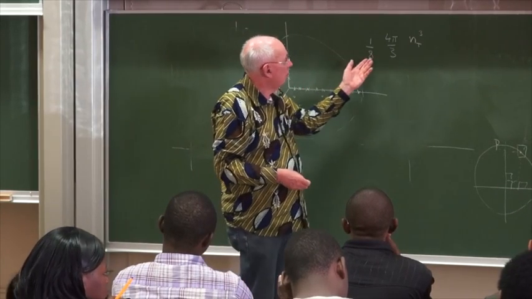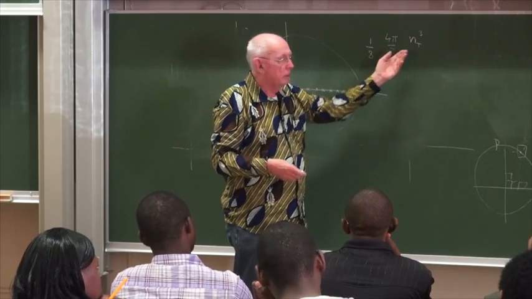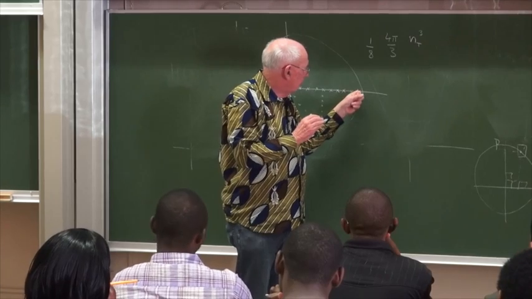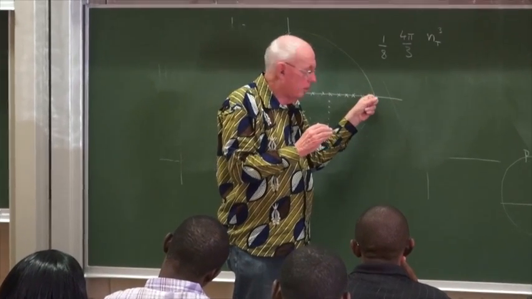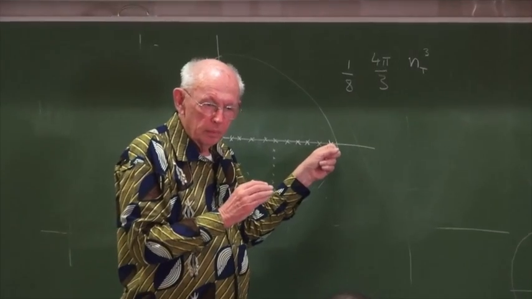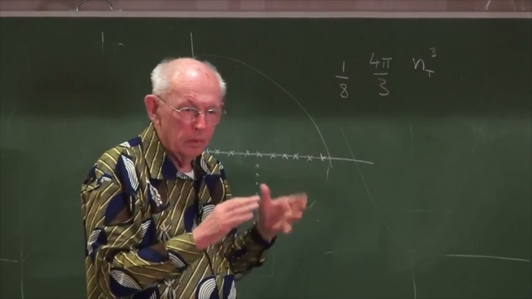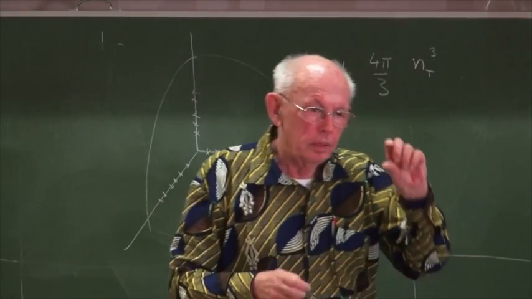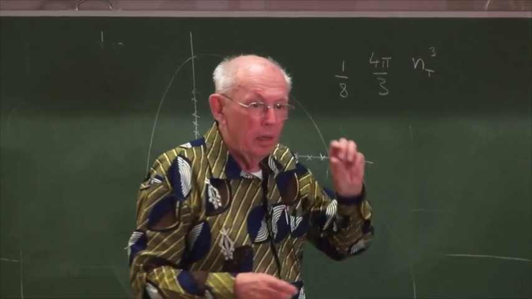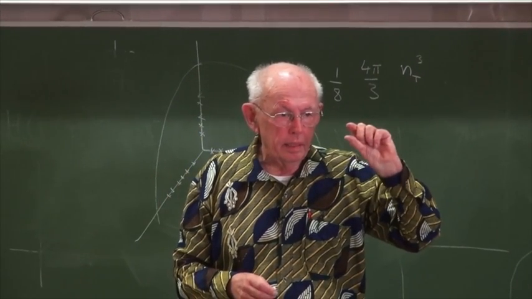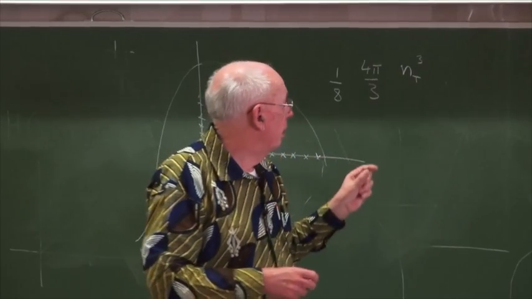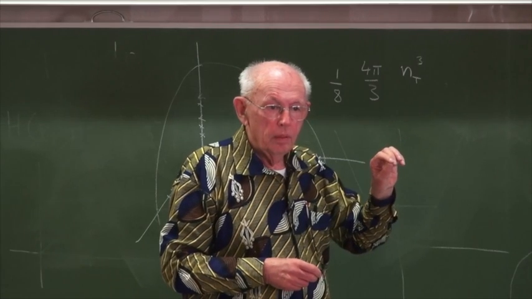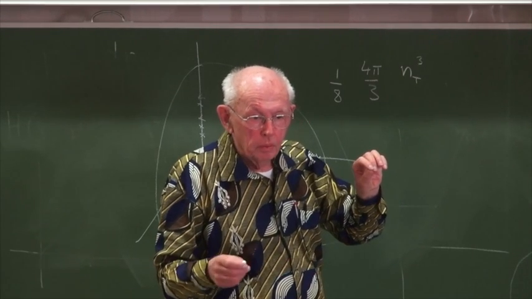It would, of course, change a little bit with NT depending on whether I hit one here exactly or not, and so on. But this would give me a good result of what the number of states are within there. And now if I just want to say how many are there for the value NT itself, then I look at this equation with NT plus 1.